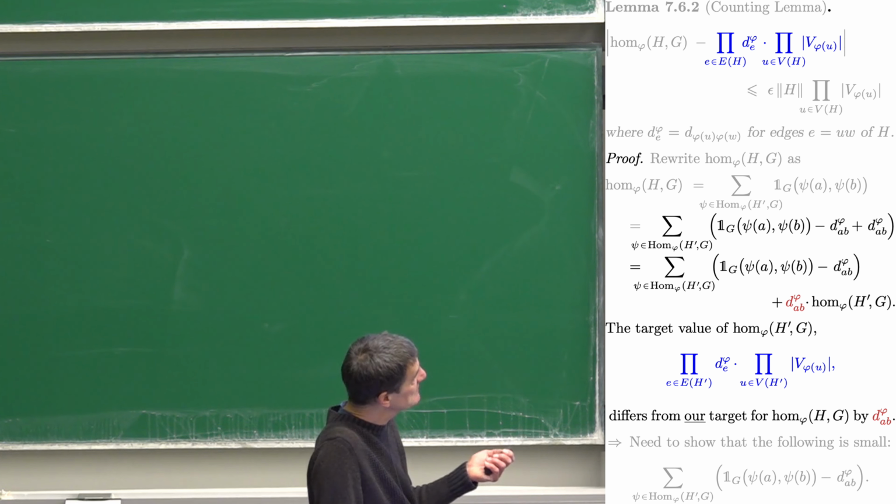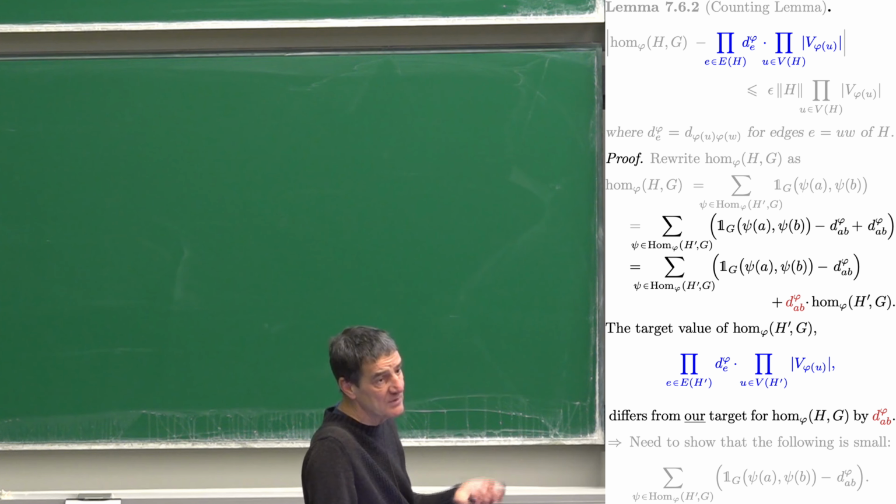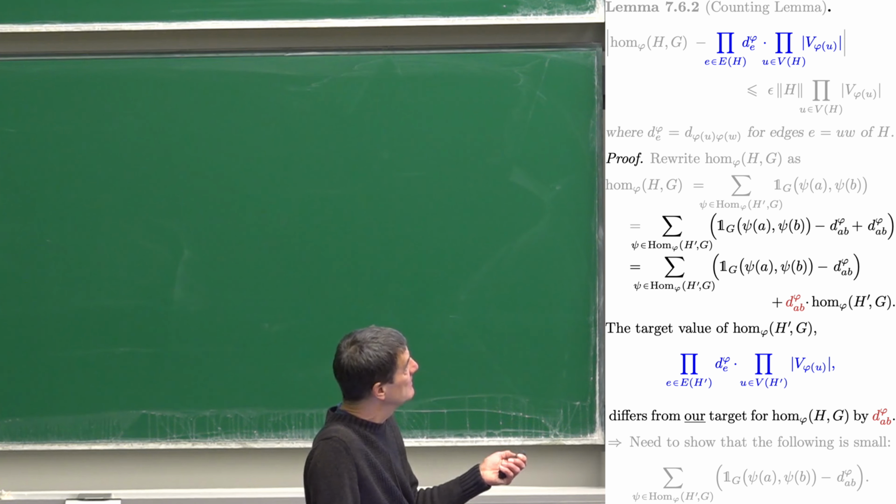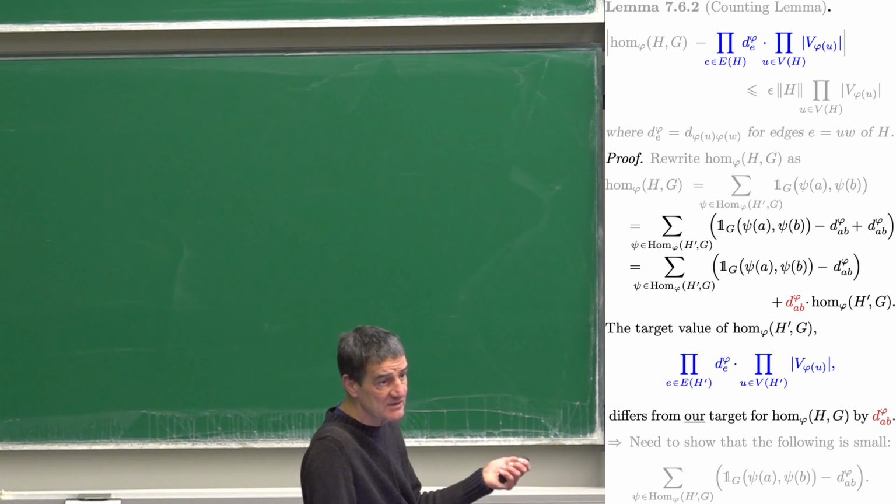So this summand here, d phi AB times this HOM, is close to the target for HOM HG because this HOM H prime G that is contained in there is close to its target by induction.